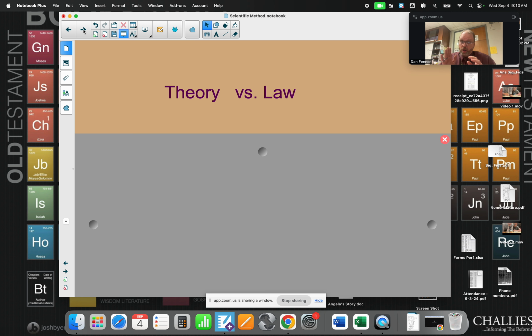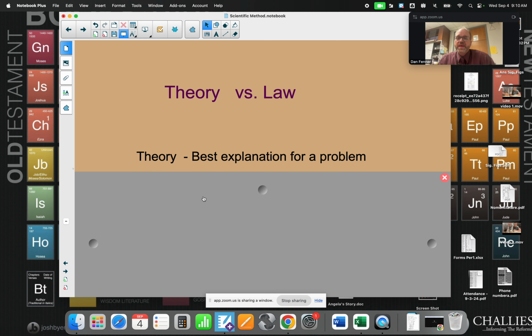Now, theory and law aren't the same thing. Definition of a theory is the best explanation for a problem. Examples of theories would be evolution and creation. Evolution, from goo to you through the zoo. Okay, that's one way that some people look at it. Creation or design theory says that there was a person or a thing that ordered things, God, and made it work.